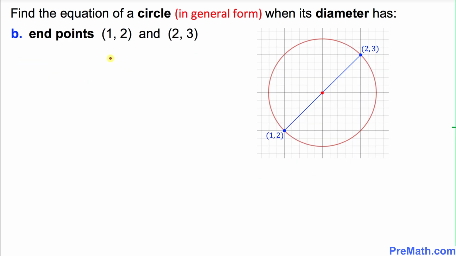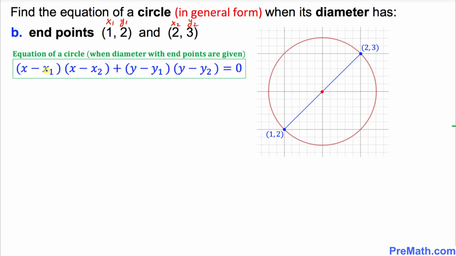And here is our next example, and we are going to find the equation of a circle in general form when the two endpoints are given for its diameter, and you can see these in this diagram as well. Here's the very first thing we are going to do. We're going to call this first point x1, y1, and this second point x2, y2.